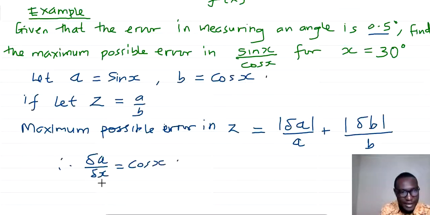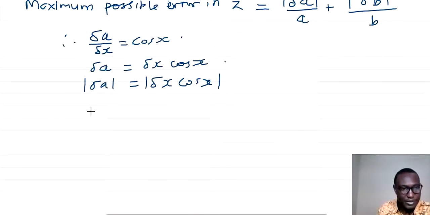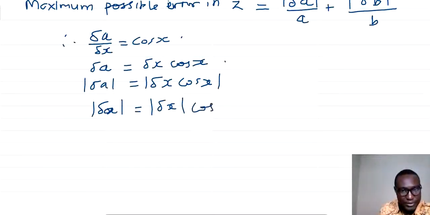And when we make delta a the subject, this is going to be delta x cos x. Taking the magnitude, we shall have magnitude delta a equal to magnitude delta x cos x.